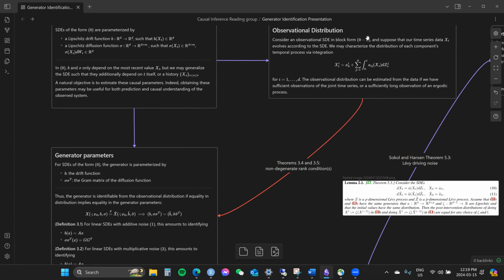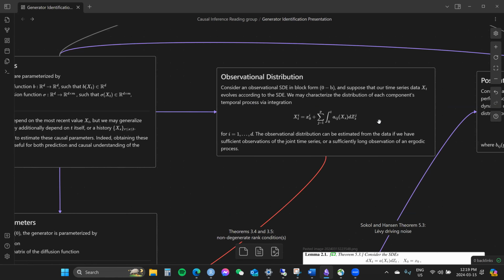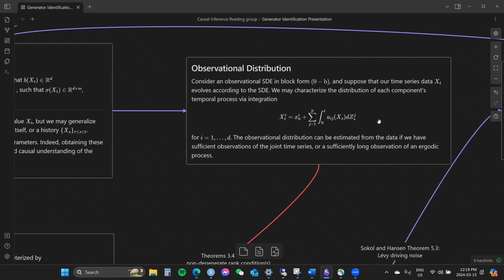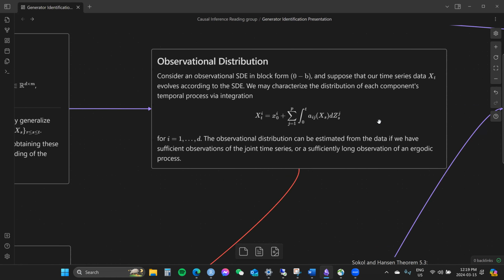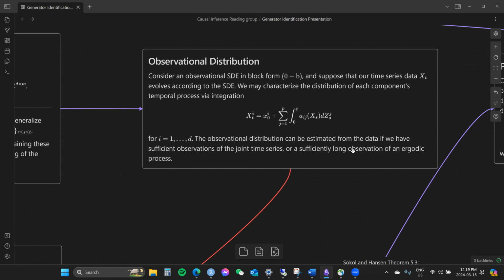Observational distribution is what you will actually see in practice empirically, as long as you have either multiple samples of the same time series, or if you have an ergodic process, because the ensemble average would be equal to the time series average if you have sufficient observations of a single process.